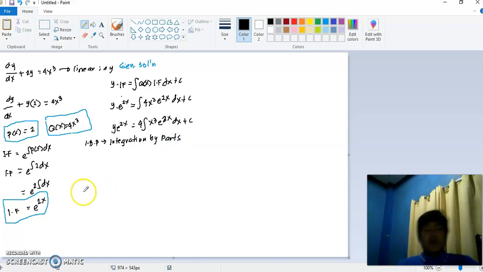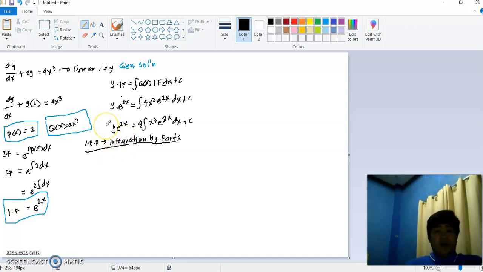If you still remember your calculus, this is discussed in your integral calculus. So let's just use what we have learned. Integration by parts states that the integral of u dv is equal to uv minus the integral of v du. Okay, that is integration by parts.